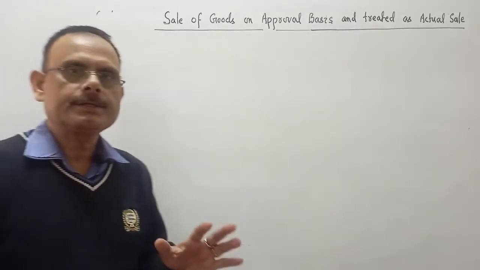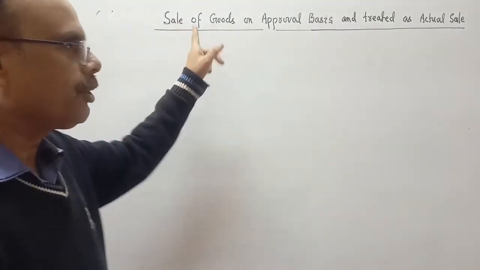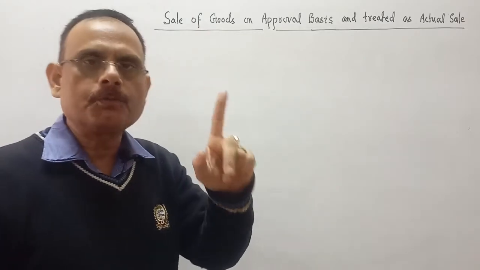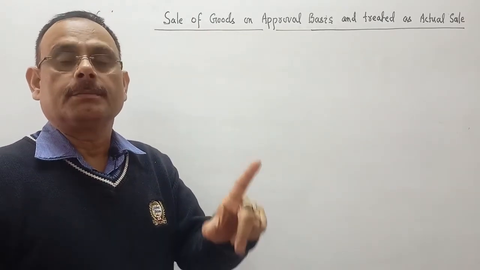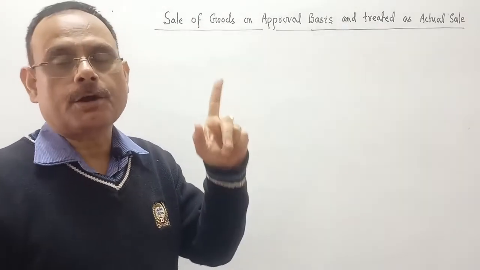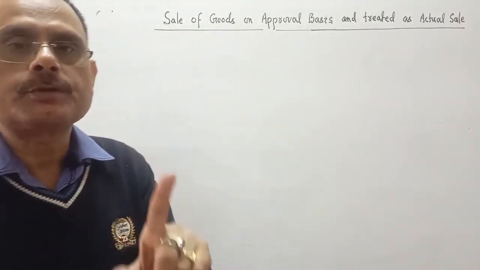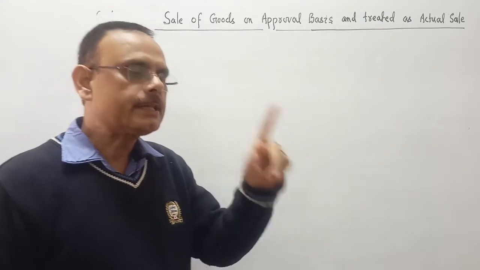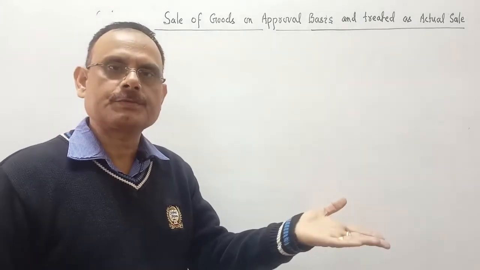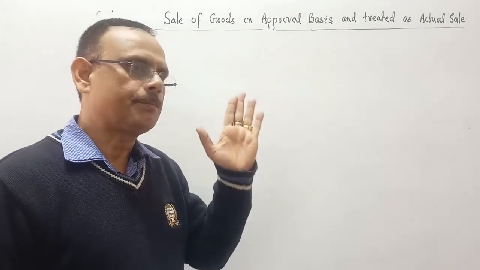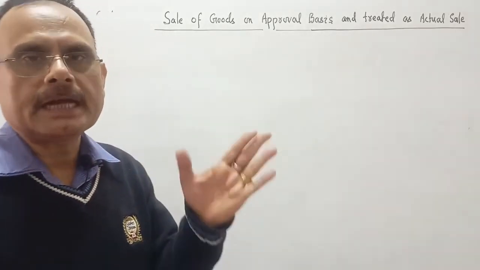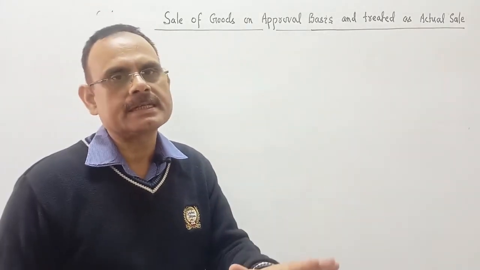The next adjustment is related to sale of goods on approval basis, but that is recorded by the accountant as actual sales. When we sell goods on approval basis, after approval is given by the customer, then that will be treated as actual sales.